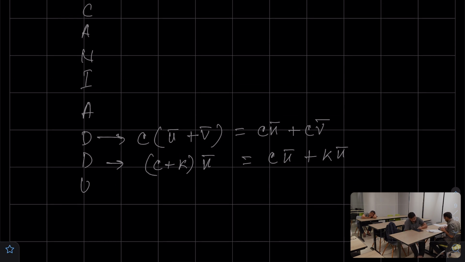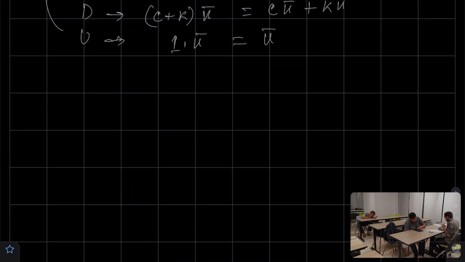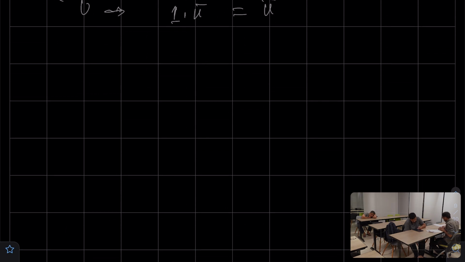And the last one is the unit of the multiplication, that is 1 times vector u equals vector u. So you can check that all these 8 properties are satisfied by these two operations. So under this operation, R2 is a vector space. And I already showed you that the points 2, 1 and 1, 2 belong to the vector space R2, right?